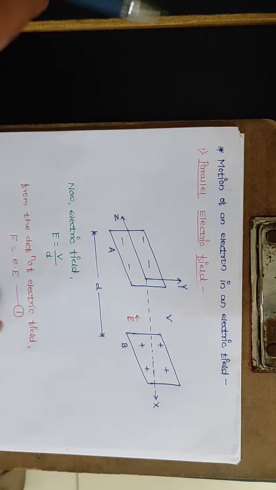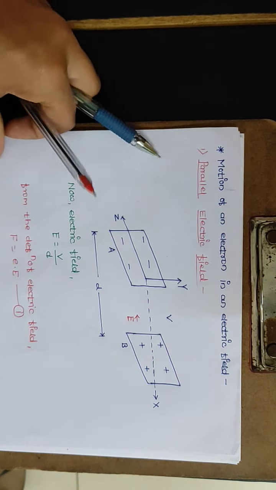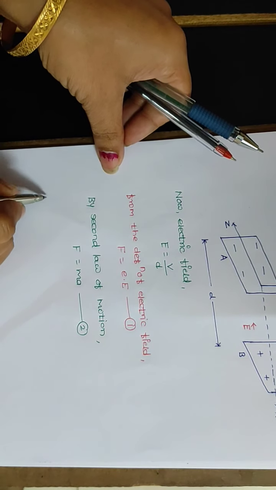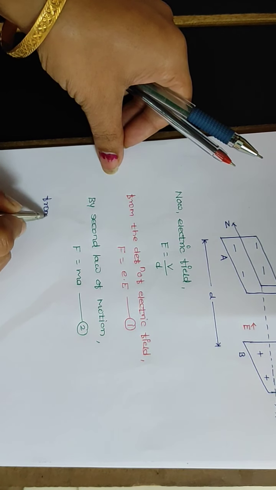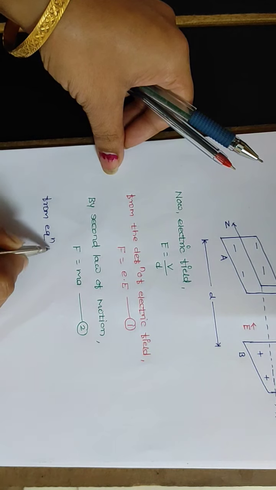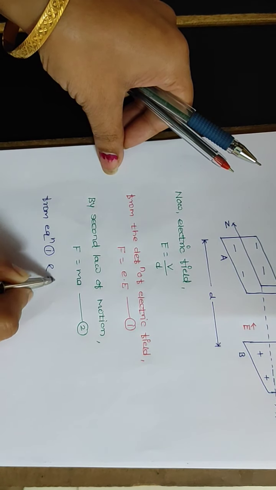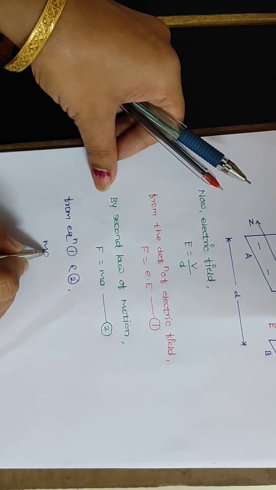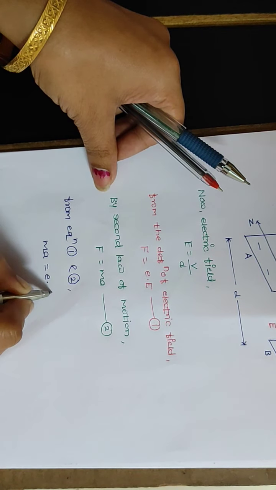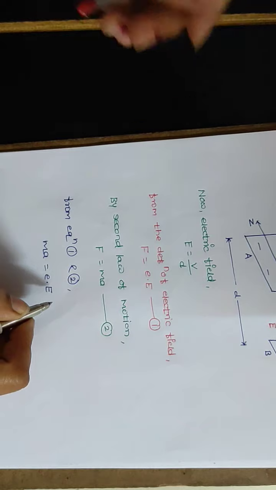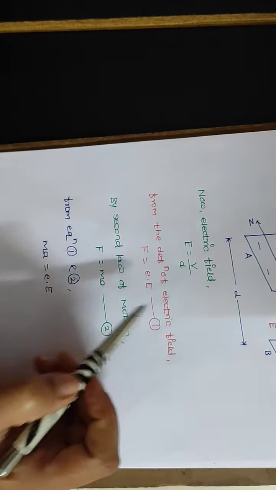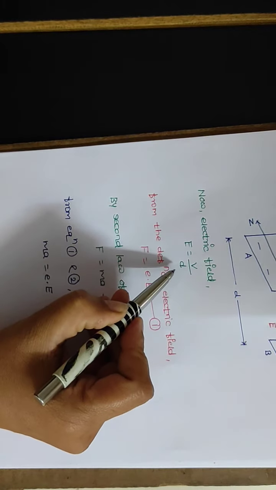From equations 1 and 2 we can write m a is equal to e into E. Now put E is equal to V divided by d.